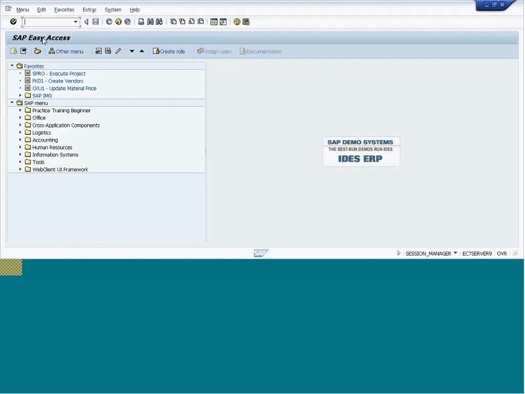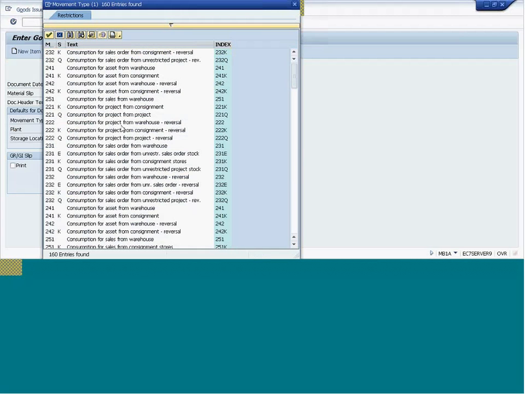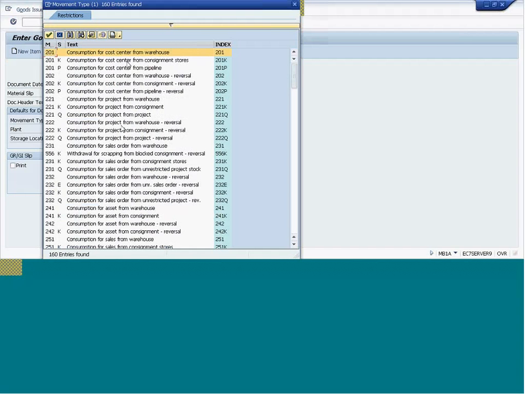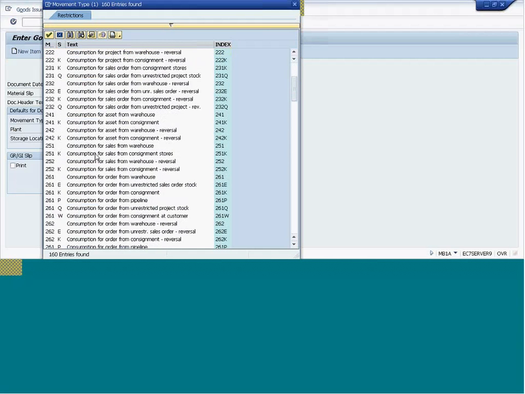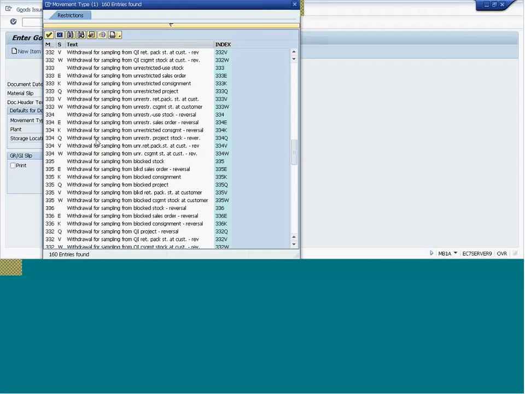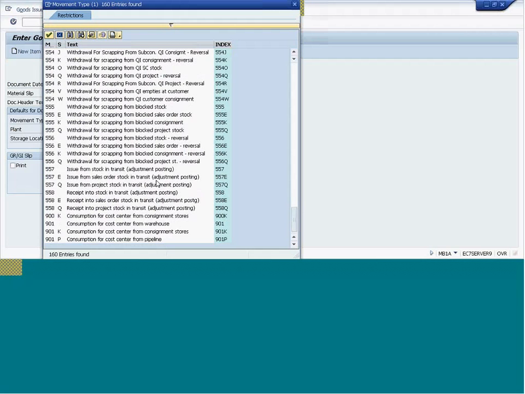For example, if you see MB1C, 1A, these are all possible issues: warehouse, consignment stores, pipeline, or issue consumption. All this is called consumption. And for sales orders, consignment, quality and restricted, blocked stock, project.